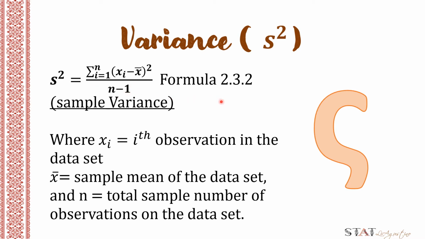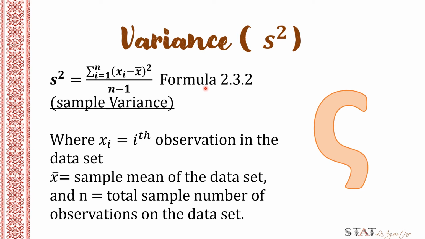So take note, this is our formula 2.3.2. That means it is for module 2, topic 3, second formula. That is our notation, so that you will not easily forget it.